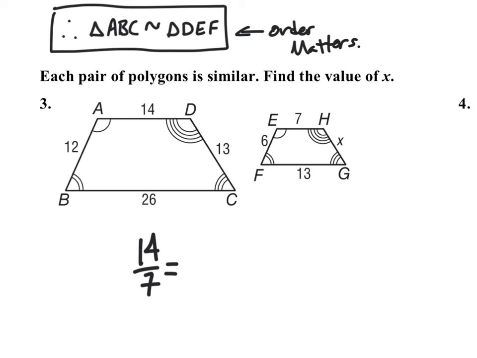Okay, and I know that if these are similar polygons, then my sides are proportional. So I can go ahead and just set up a proportion. And so I used 14/7, and then I'm going to use 13 over x. So let's go ahead and just write 13 over x, and I set up my proportion, and then I can solve it. I can take 14 times x and set that equal to 7 times 13.